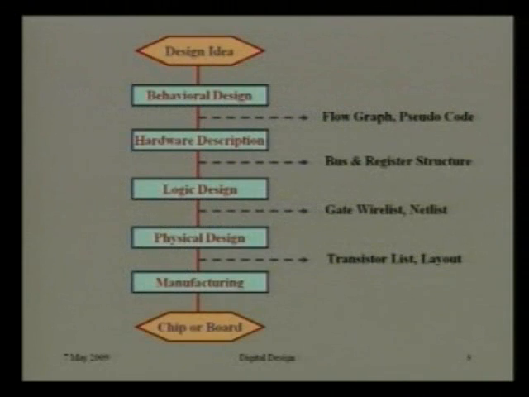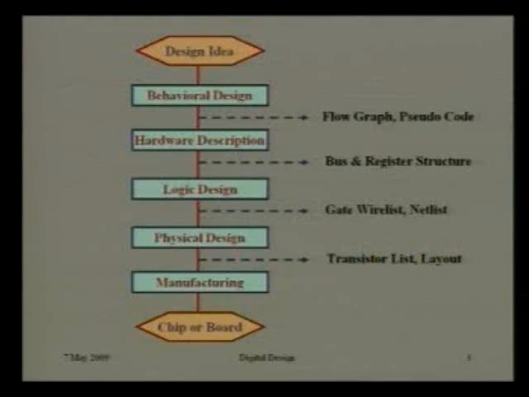Okay, one thing, as I told, as we are proceeding, we are going nearer to hardware. That means design idea means one problem is given in English, and then you have some idea of what to do. Then behavioral design, if I give these inputs, I will get these outputs. Function, hardware description, from there just black box, block diagram, I have to do this thing.